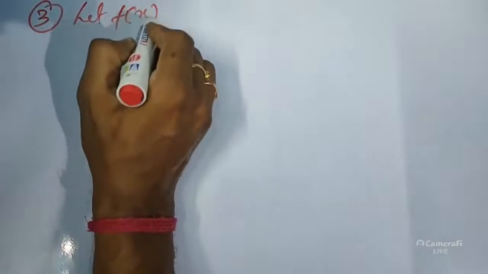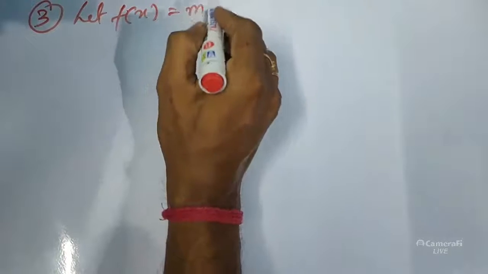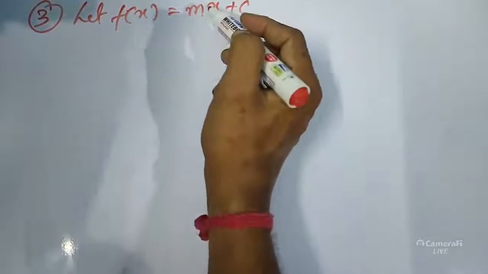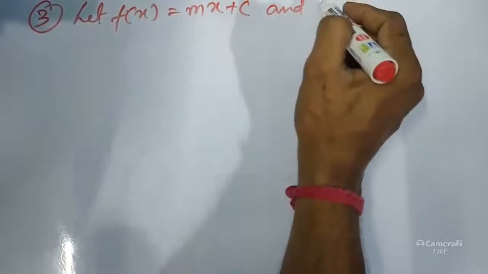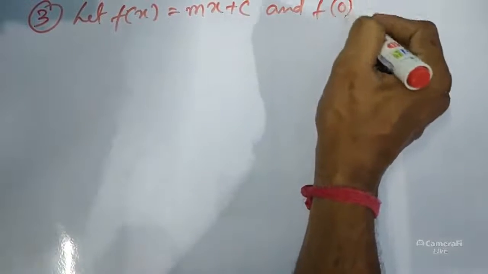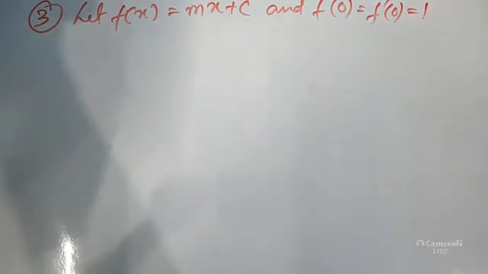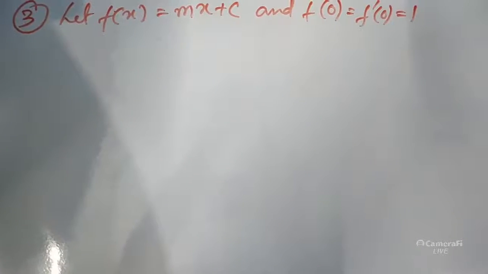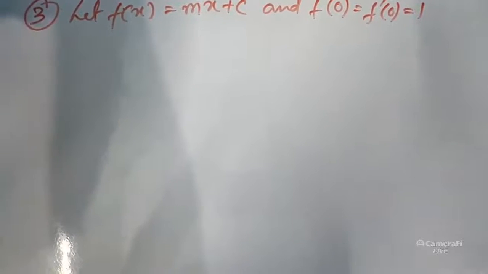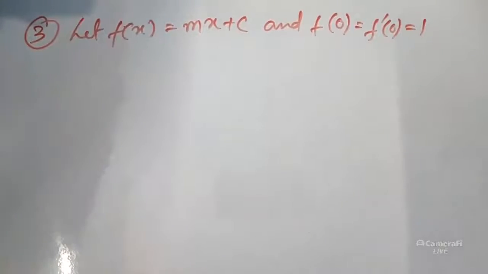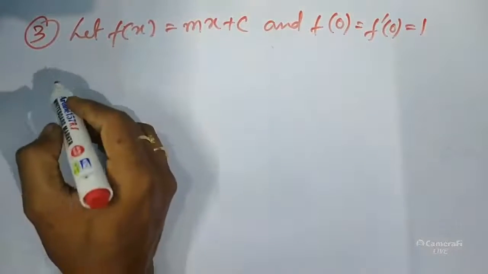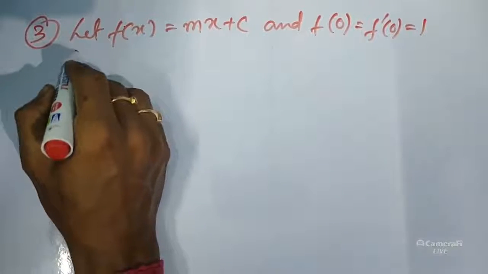Let f(x) equals mx plus c and f of 0 equals f dash 0 equals 1. Find f of 2.